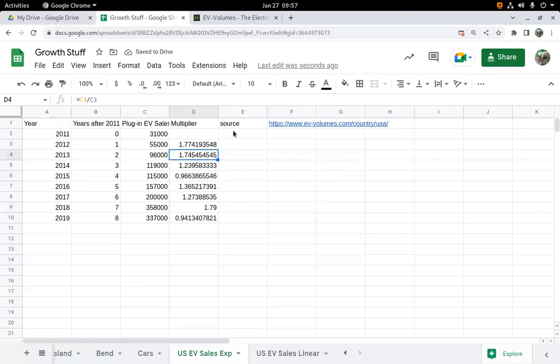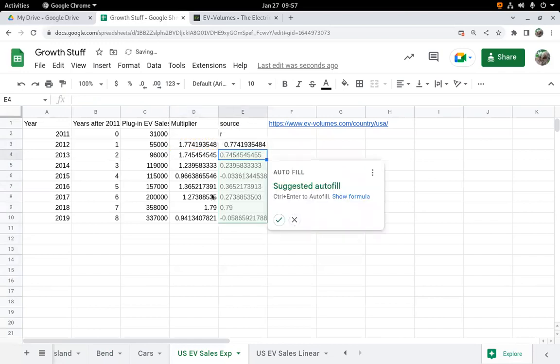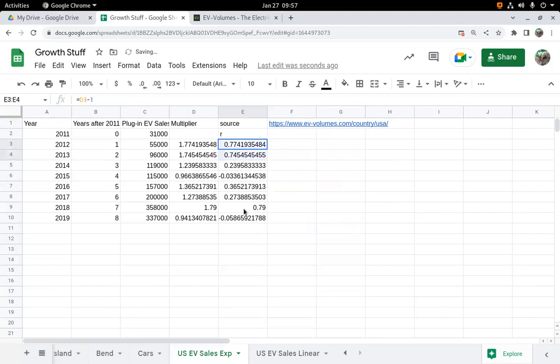If I want the growth rate, R, from each of those consecutive periods, I would just go the multiplier minus 1. Yeah, let's fill them down and let's call them percentages. So I can see at first it went up by 77%, up by 74%, up by 23, down 3%, up 36, up 27, up 79, down like 6%. So it bounces around a little bit. They're not all the same.